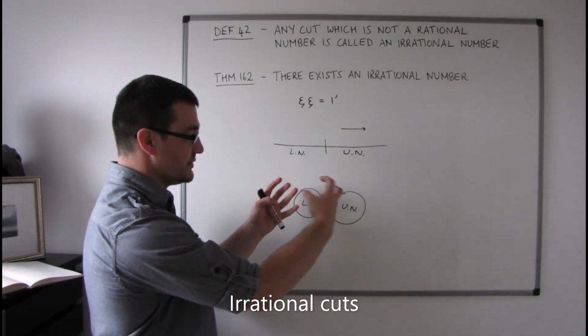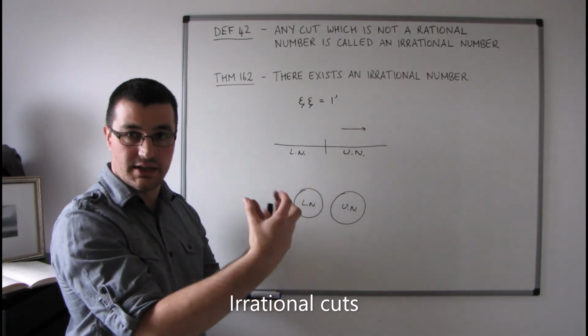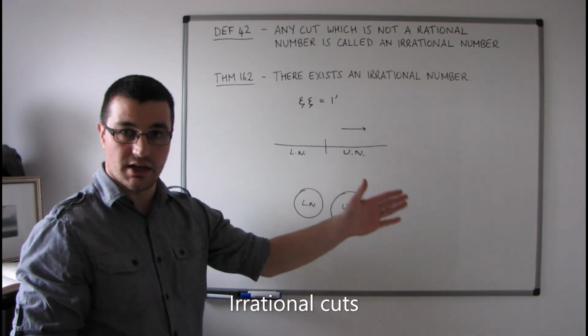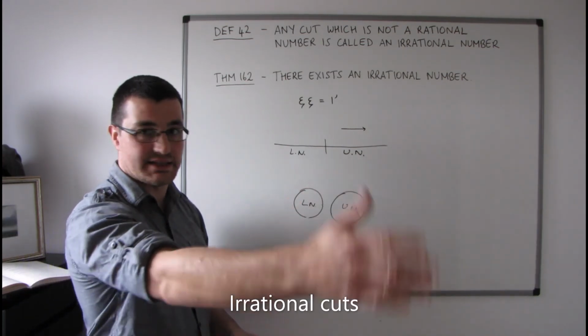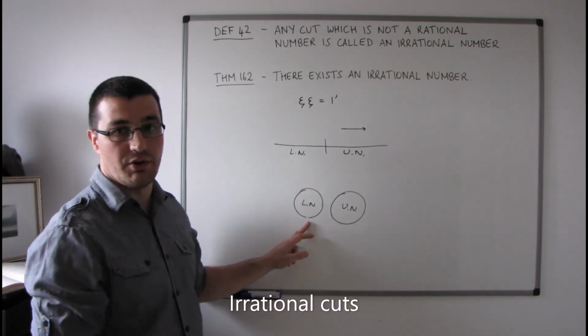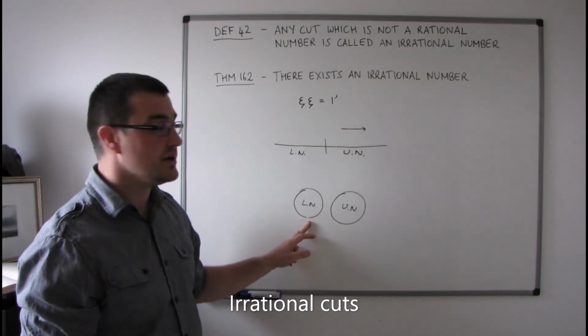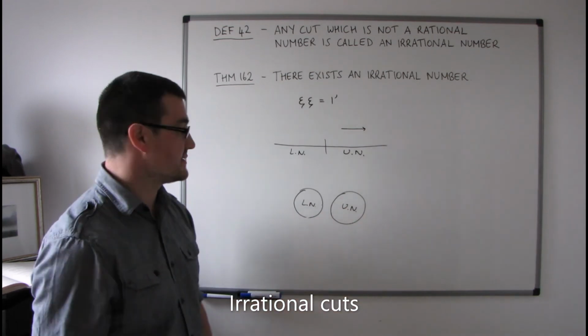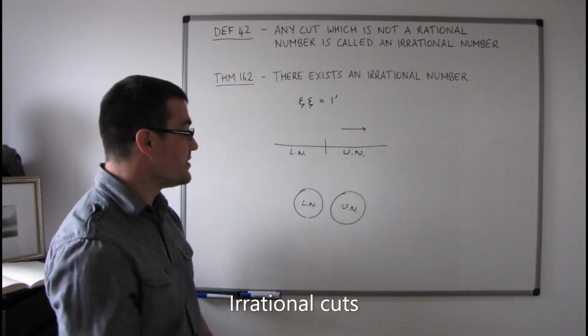We are literally just going through the rational numbers and deciding that this is in the set of lower numbers, that's in the set of upper numbers. The set of lower numbers we just call our cut, and the set of upper numbers is the set of numbers that is not in our cut.